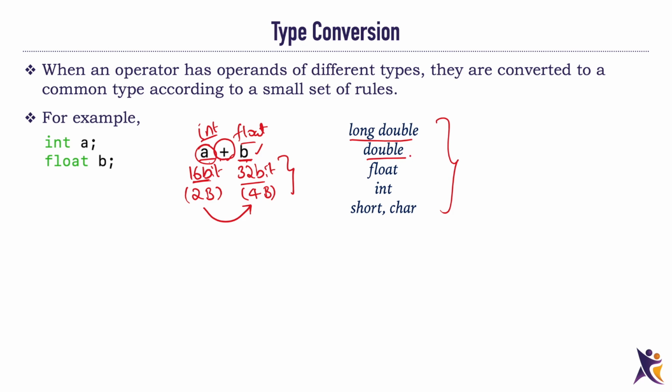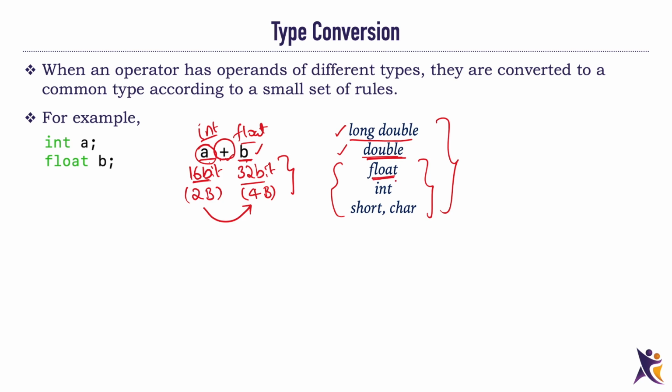If there is any operand of double type and all the other operands are of any of these types, then the operands of those types will be converted to double and then the expression is evaluated. Otherwise, that means if an expression does not have a long double or double, then the compiler checks whether the expression has any floating point number.